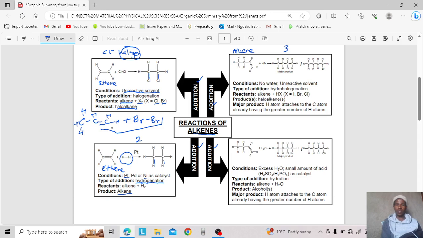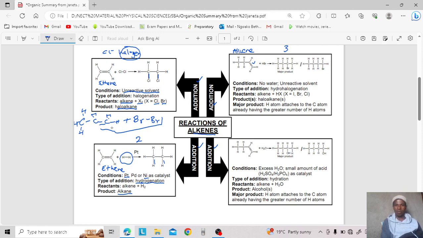How do you see that it's an alkene? We see the double bond between the carbon atoms here. Then we add hydrogen and halogen, which is hydrohalogenation, hydrogen and a halogen group.